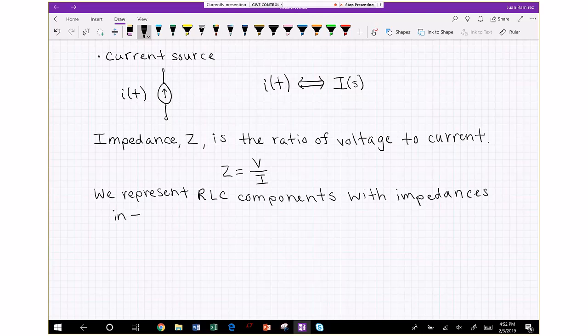We typically assume 0 initial conditions. That means 0 initial current of an inductor and 0 initial voltage of a capacitor.